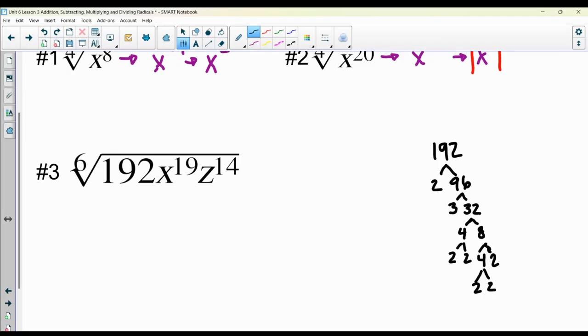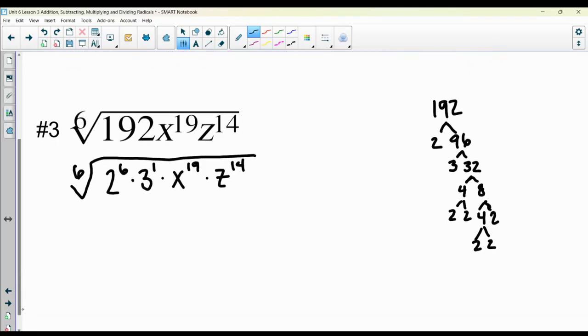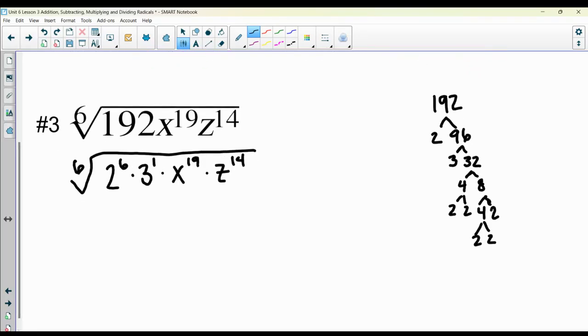But I'm going to do an in-between step here. So I'm just going to write the prime factorization of 192 under this 6th root. If you need to, one of the ways to work through this is changing all of these to a fractional exponent. If it is easier for you to do that, please feel free to do that.